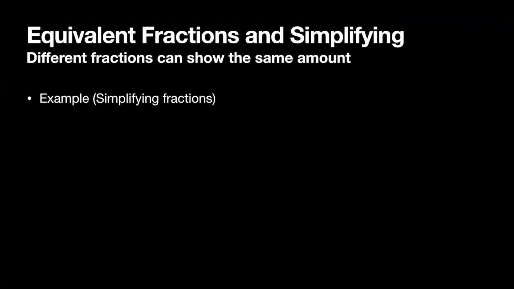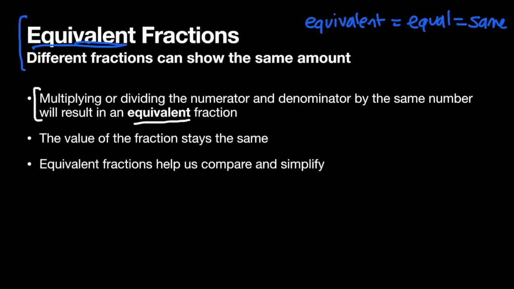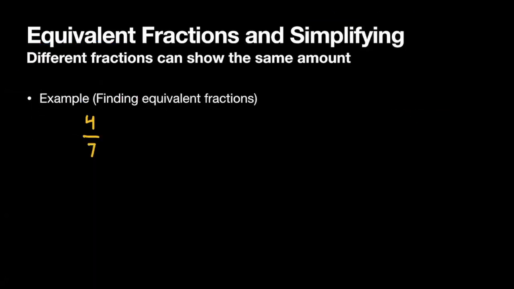So remember, to find equivalent fractions, we have to multiply or divide both the numerator and the denominator by the same number. So we'll take any number. Let's say we want to multiply by 3. So we have to multiply both the top and bottom, the numerator and the denominator, by 3.